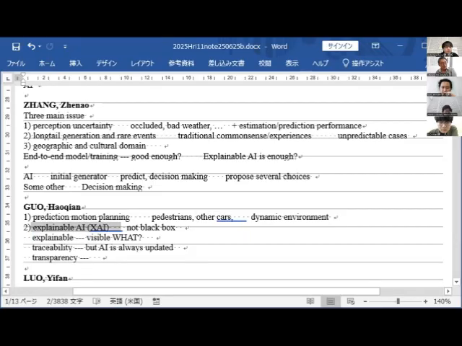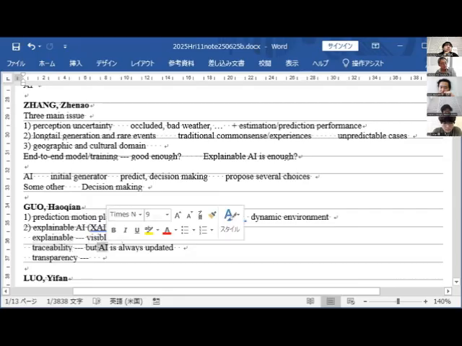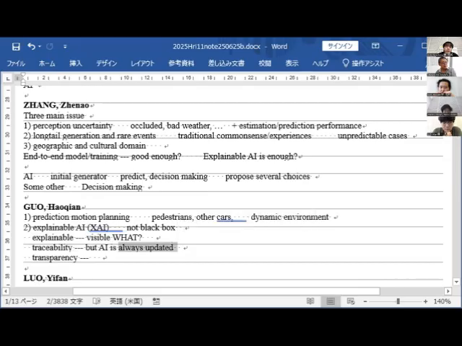About the next part, explainable AI, not black box. You mentioned explainable, visible, traceability, transparency. But in fact, AI's most important feature is that it is always updating its experience based on data.